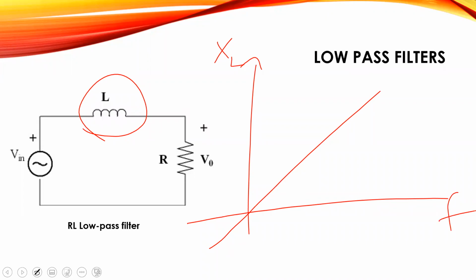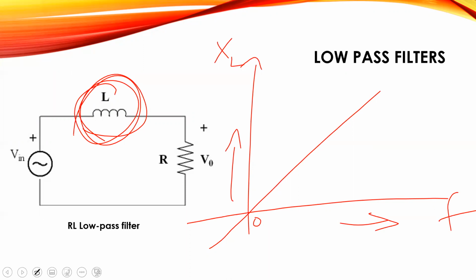So at 0, XL would be 0. As frequency increases, XL is increasing, which means that for a series circuit there is a higher reactance seen across the inductor at higher frequencies.